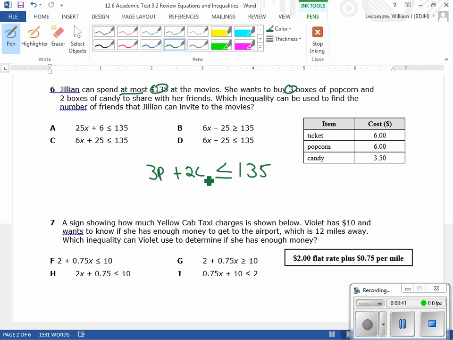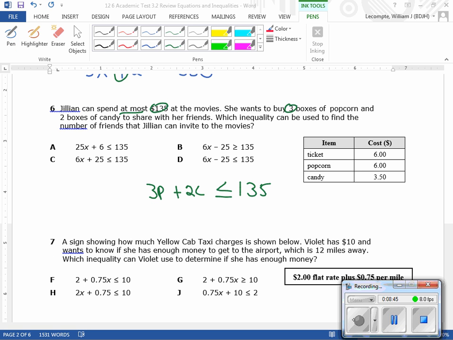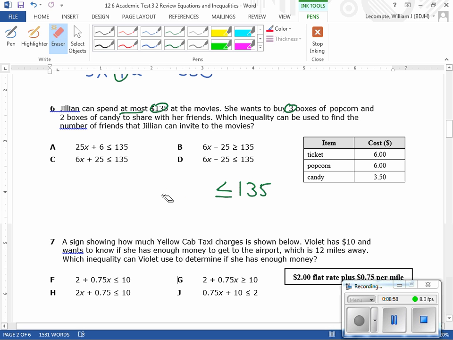So I'm working on number 6 still, but I got to go back and fix a couple of things. Everybody was asking where these prices come from, right? This is the ticket over here, and the ticket is worth $6.